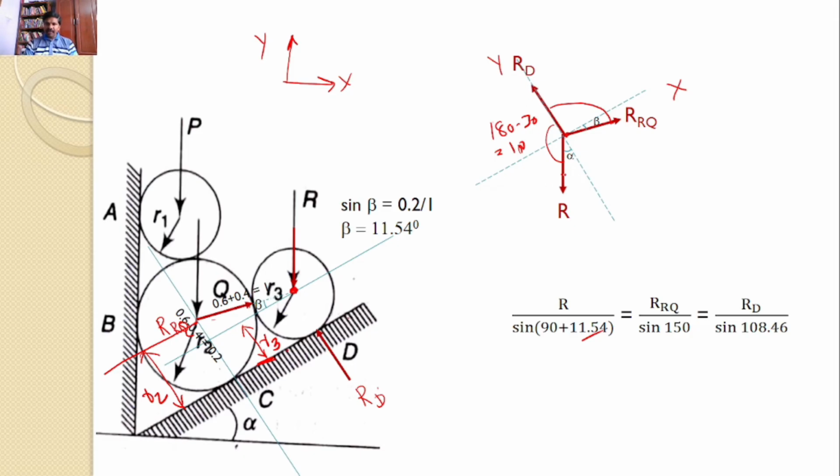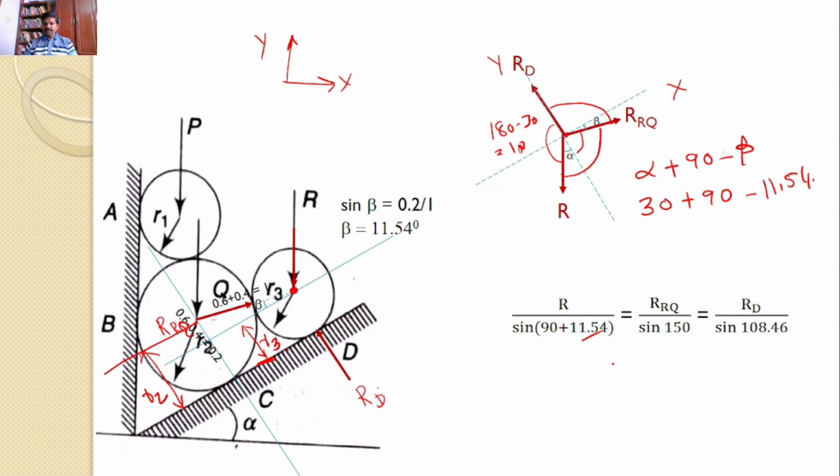And RD divided by sine of the angle between these two forces. This is alpha plus 90 minus beta, because this angle is 90 minus beta and this is alpha. That is 30 plus 90 minus 11.54, which gives the value of 108.46.